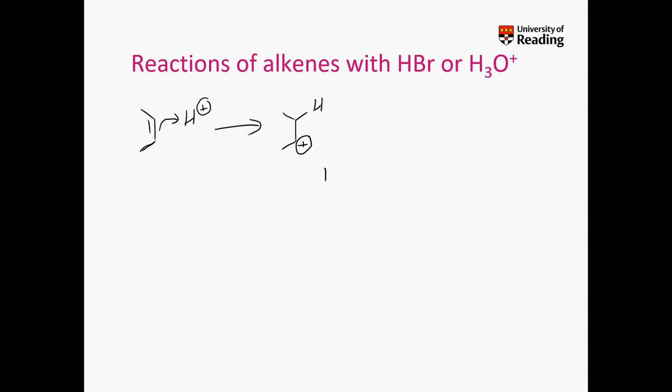So for example, if it was Br-, the Br- would attack, neutralize that positive charge, and we would end up with our hydrogen on one and our bromine on the other. Okay, if it was H2O, that would attack.